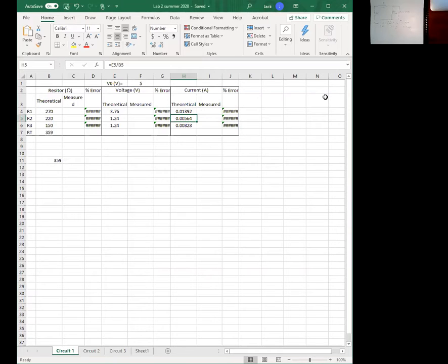So this one would be, what's it? E5. Yeah. So to find the current here, do this guy divided by resistance.